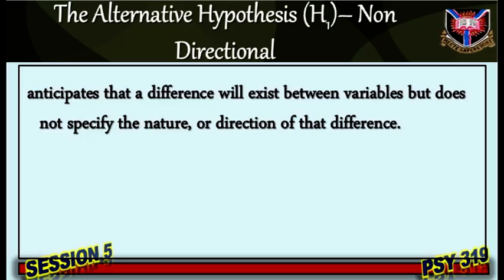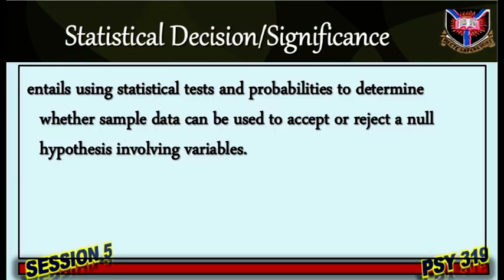For example, a non-directional hypothesis is stated when you say that there will be a gender difference on job satisfaction. The stated hypothesis does not indicate if it is the male or the female that will be higher in job satisfaction.